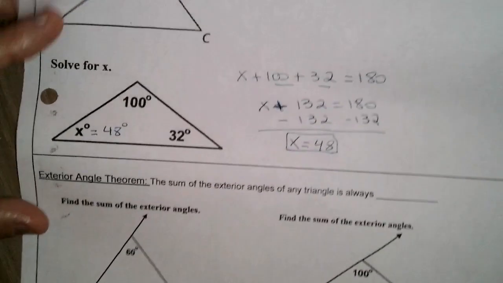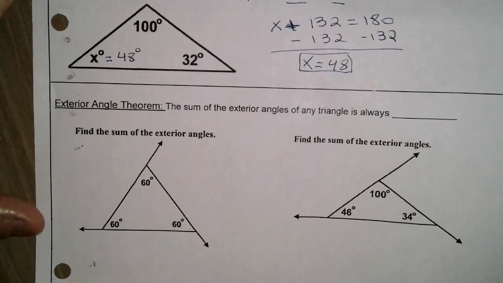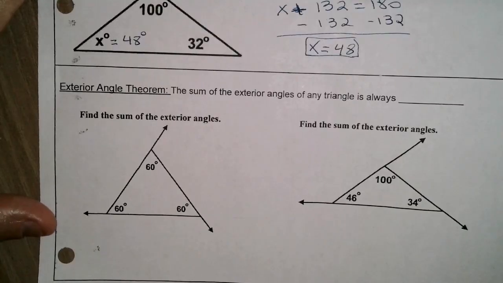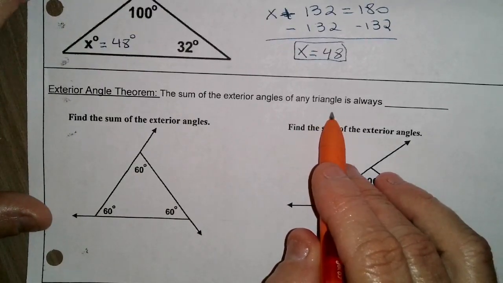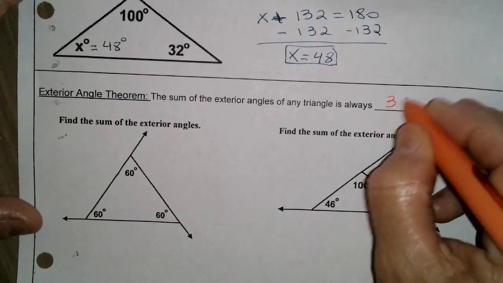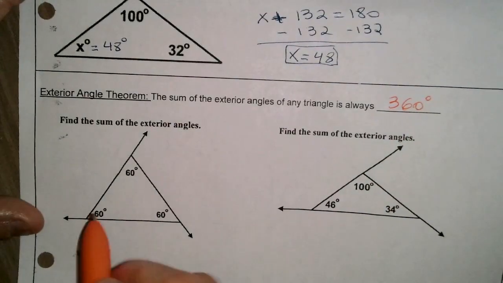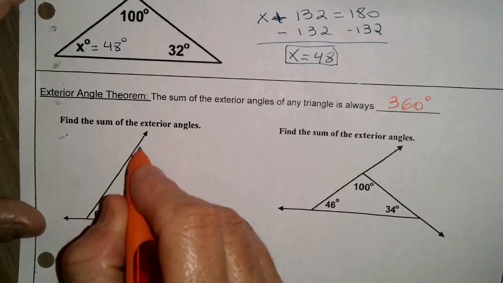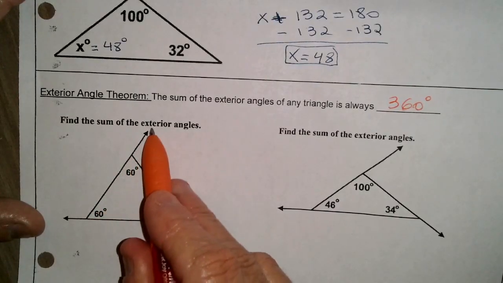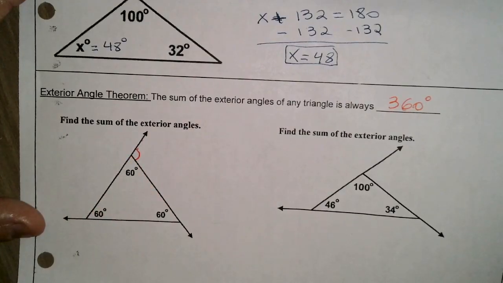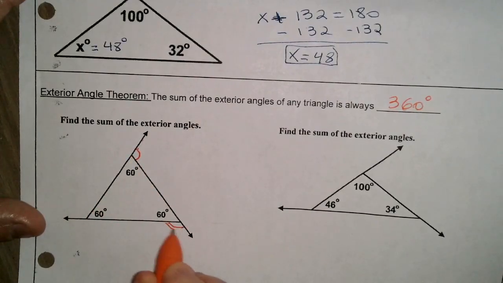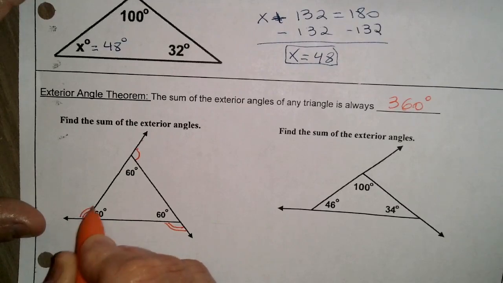Again, it's really straightforward. The second one is the exterior angles theorem. The sum of the exterior angles of any triangle is always 360 degrees. These exterior angles we get when we extend the sides of the triangle. Here, this is an exterior angle, this is an exterior angle, and this is an exterior angle.